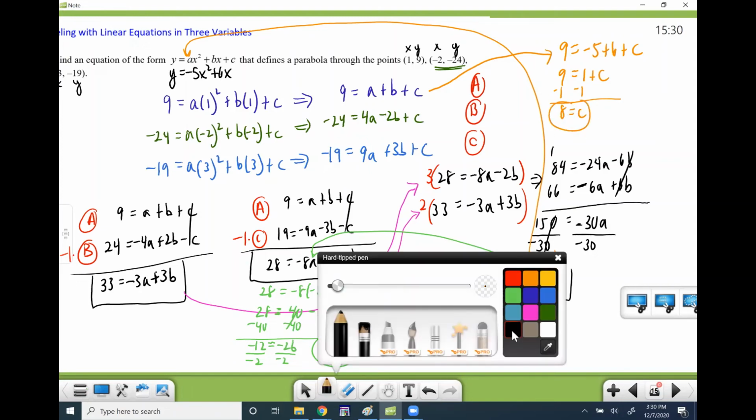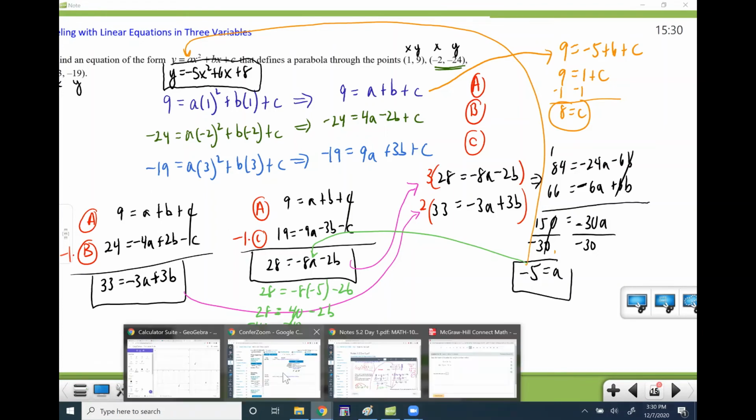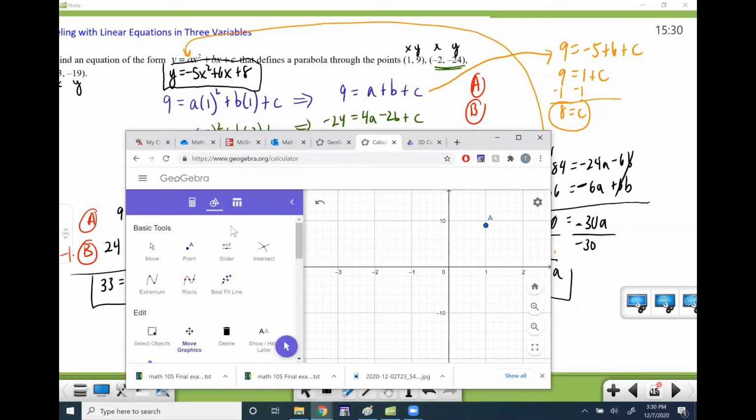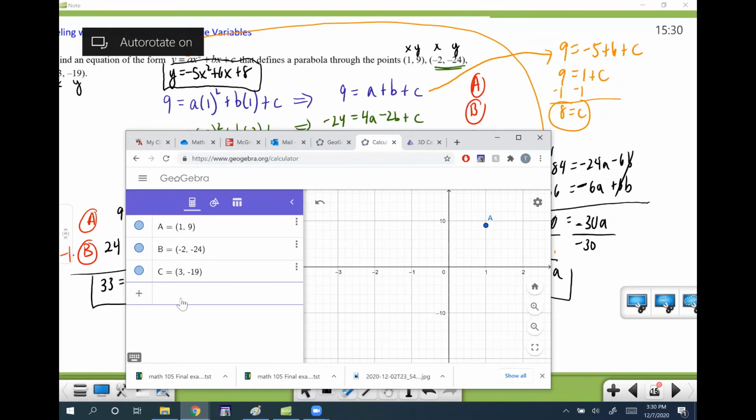So here is our equation of the parabola. Let's check it out and see if it worked, you guys. See if that goes through those 3 points like we were kind of hoping it would. All right, let me put that guy in. So we're saying -5x to the second plus 6x plus 8 equals, I'm not even typing.